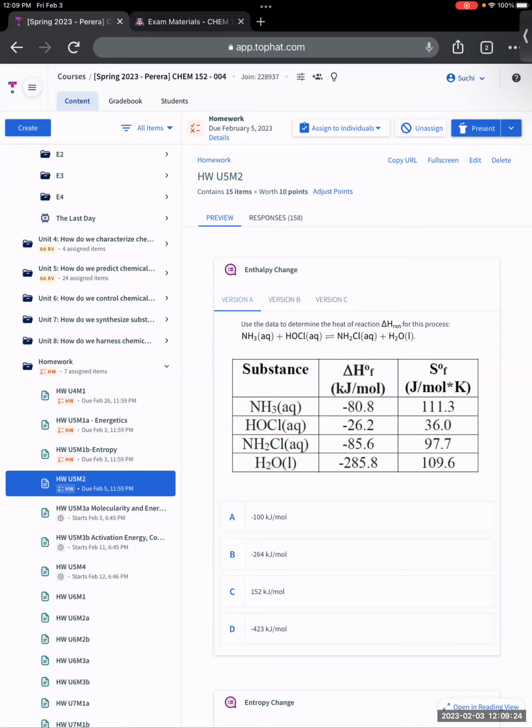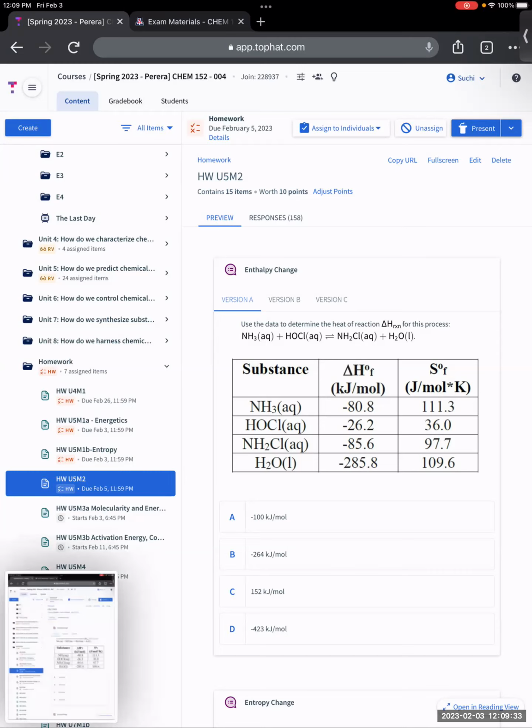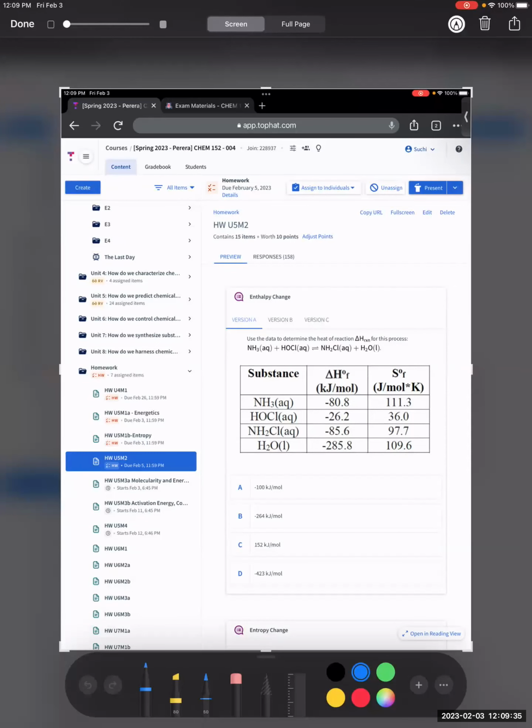So let's start with this reaction over here. We will calculate the delta H first, and then delta S, and so forth.